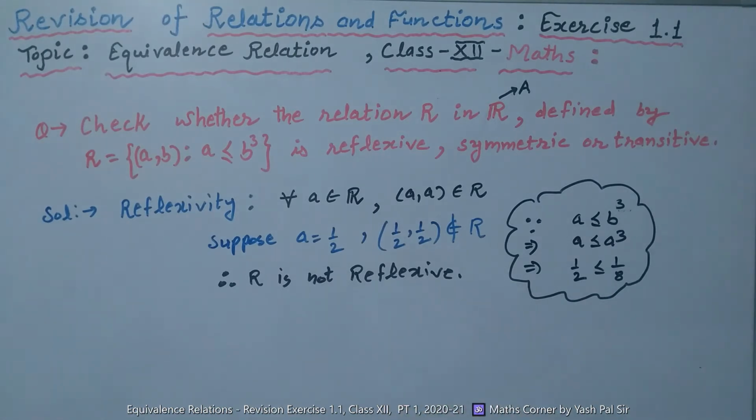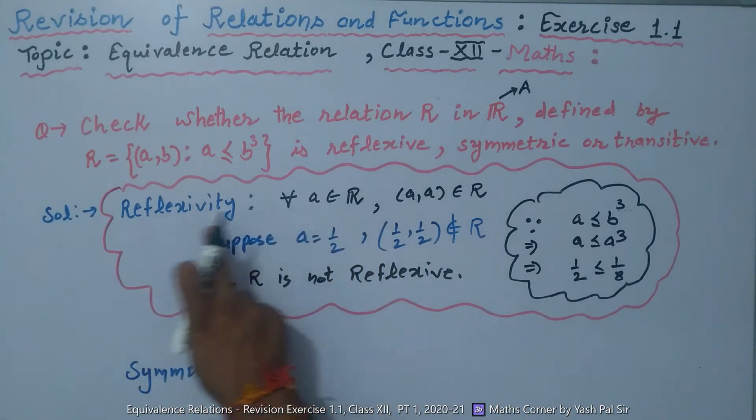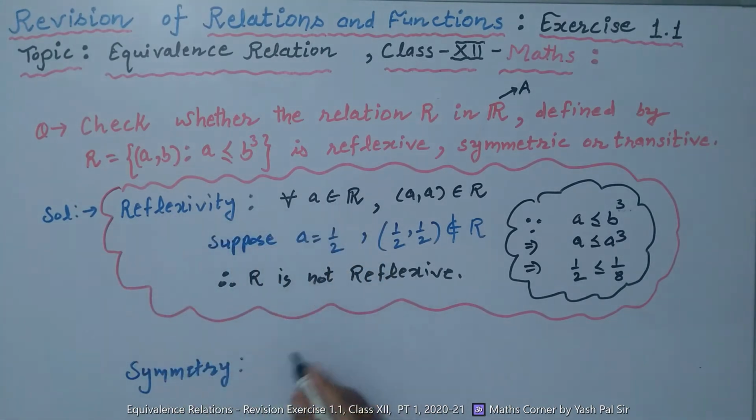Now let us discuss the symmetry of the relation. In the case of symmetry, we take two elements, while in the case of reflexivity, we take only one element.